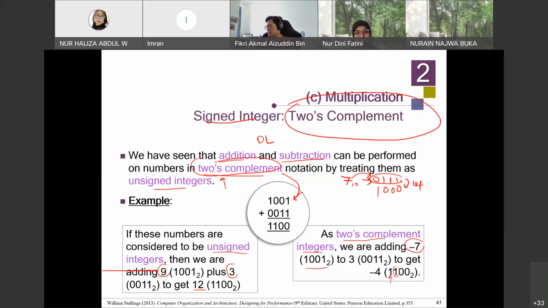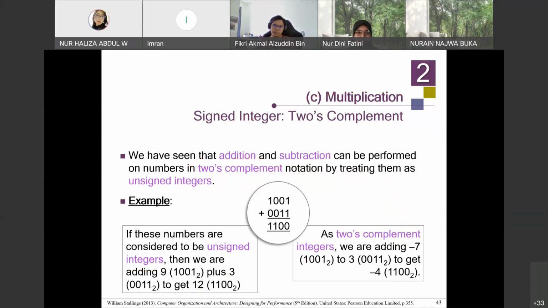Convert it. Hope that you still remember. And then for first complement, you just change: if it is 0, you change to 1. If it is 1, you change to 0. You get this part. After that, for second complement, what you need to do, just add 1. That's why you get 1 0 0 1, which is the second complement number, -7. Okay.